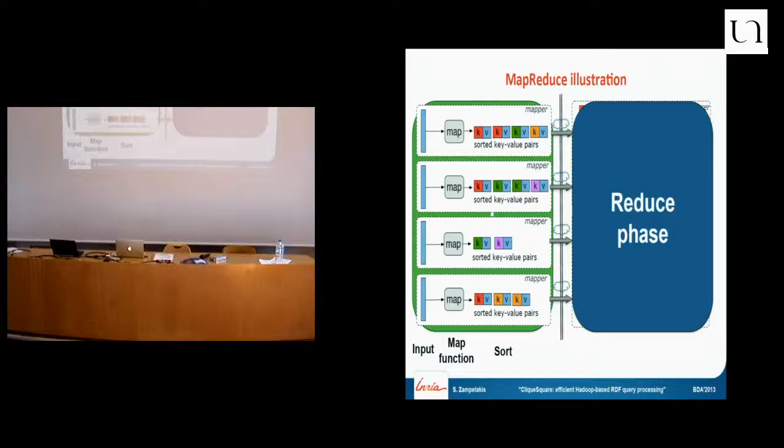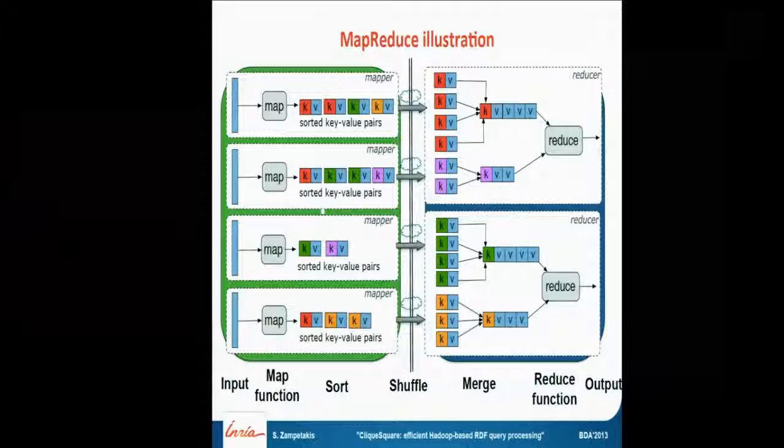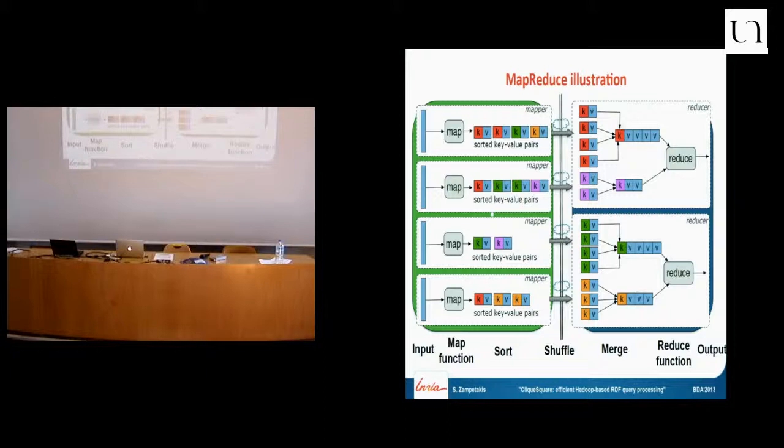These key value pairs are sent over the network, and then in the reduce phase, the pairs that have the same key are grouped, and we can have the same key and a list of values. Then we have a reduce function that applies some operation on this data.